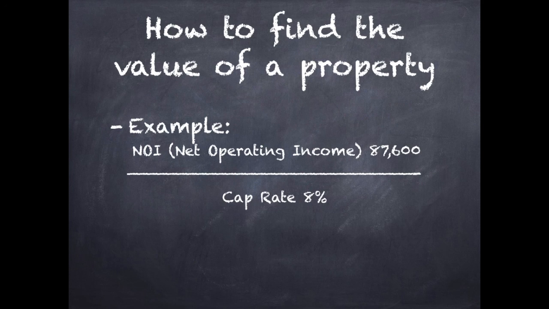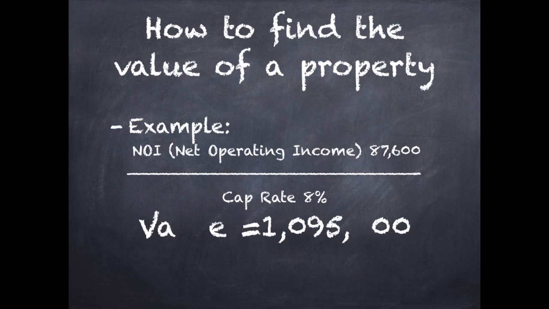Once you have those two metrics in hand, you get $1,095,000. So that's what this property is valued at based on this computation of value. Once you have those two factors, you're able to put together what the property is actually valued at.